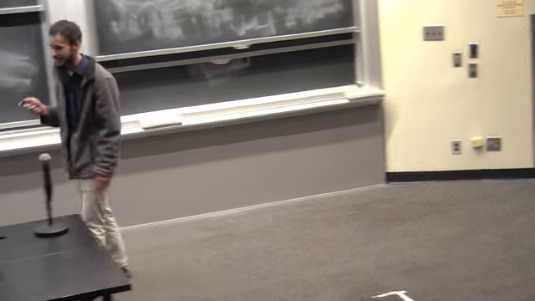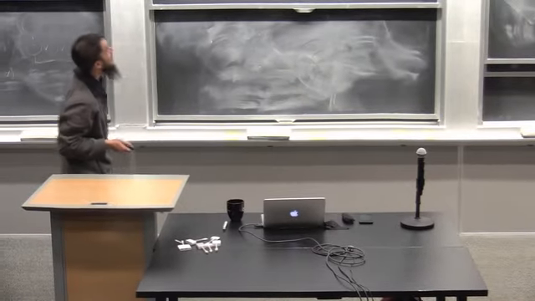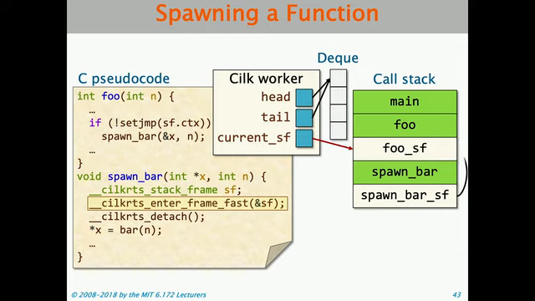Set a pointer to the parent. Exactly. So what we're going to do is we're going to take this call stack. We do the enter frame fast routine. That establishes this parent pointer in our brand new stack frame. And we update the worker's current stack frame to point at the bottom.